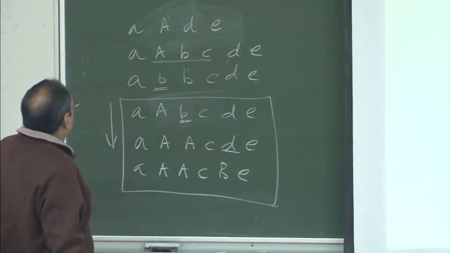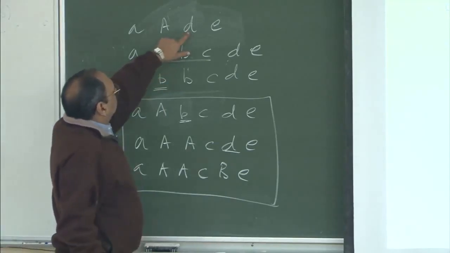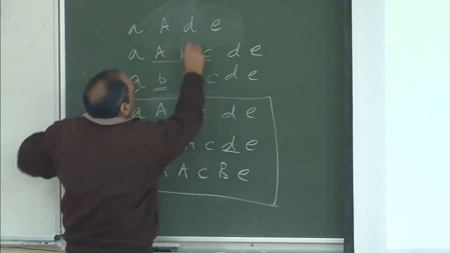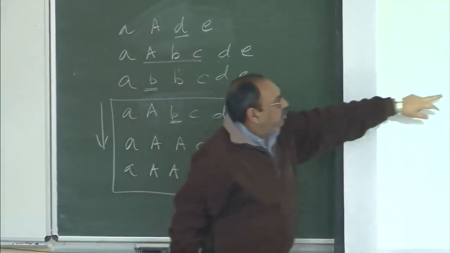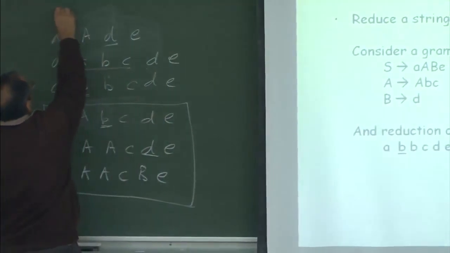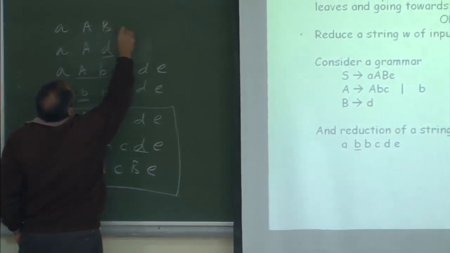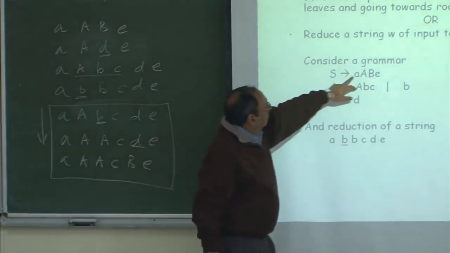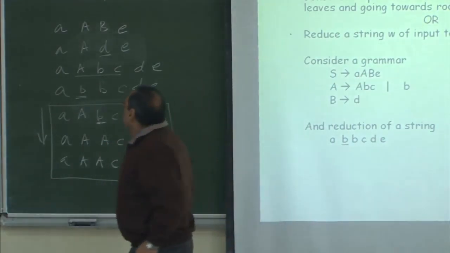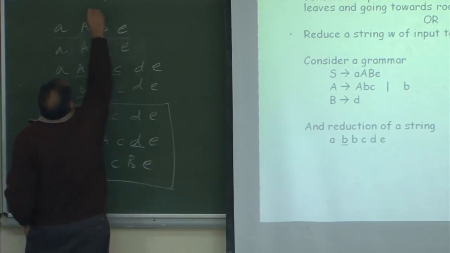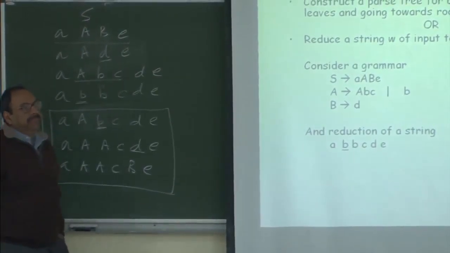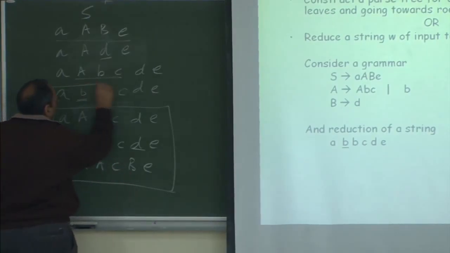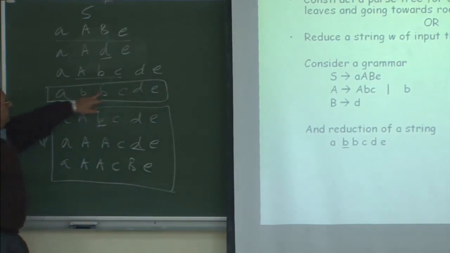Now again, if I look at the right hand side pattern here, which is B, it matches the right hand side of a production like this and gives me B. I get a string like this, and this now matches the right hand side of the first production, the whole thing, and therefore I reach the start symbol. So I can conclude that the string I started with is a valid string in the language.